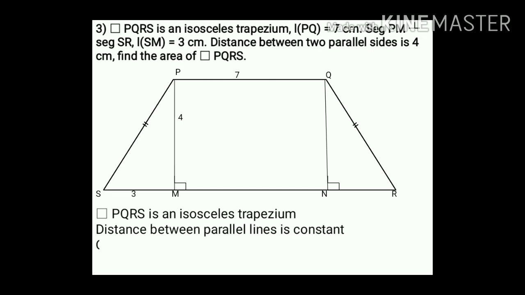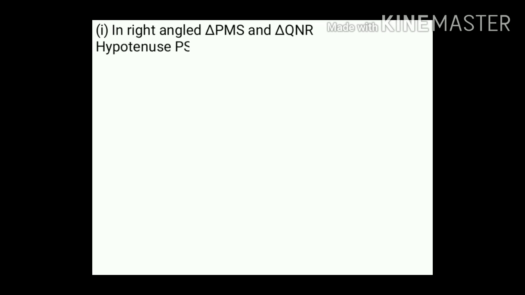Distance between parallel lines is constant. The distance means, children, PM and QN both will be equal. So QN equal to 4 cm. In right angled triangle PMS and triangle QNR, hypotenuse PS equal to hypotenuse QR.